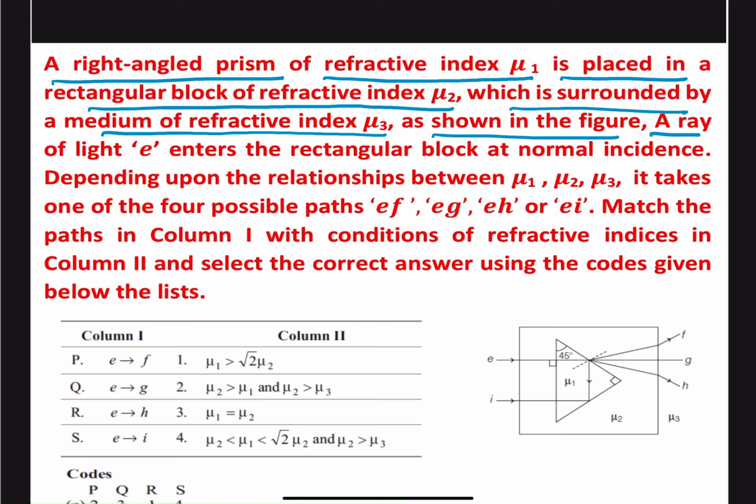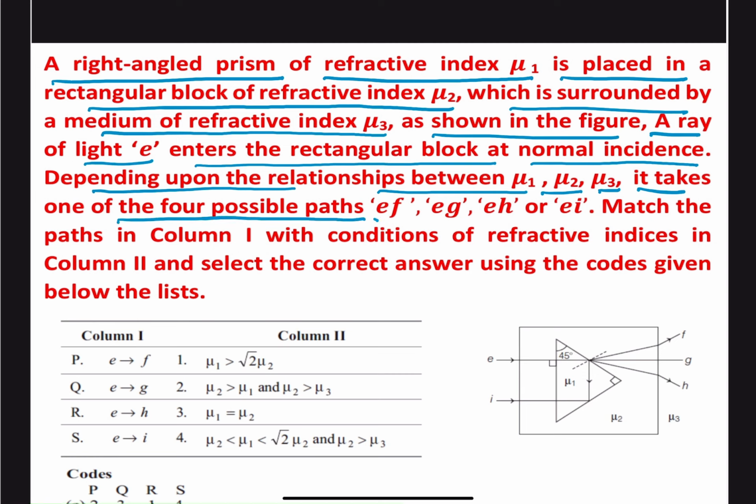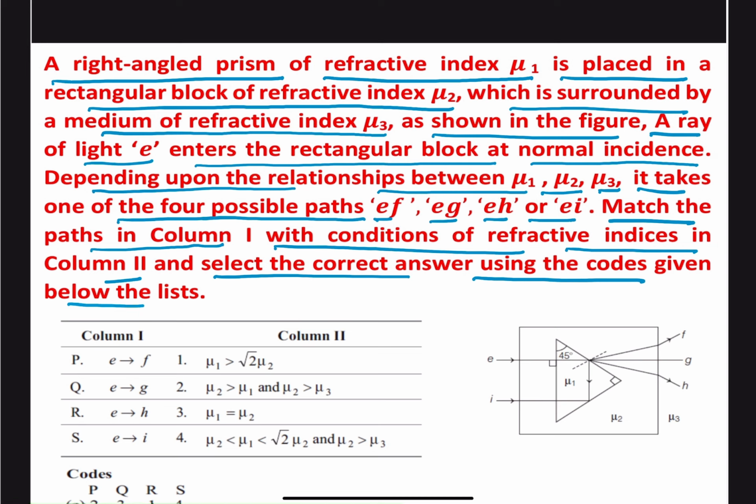A ray of light E enters the rectangular block at normal incidence. Depending upon the relationship between mu1, mu2 and mu3, it takes one of the four possible paths EF, EG, EH or EI. Match the paths in column 1 with the condition of refractive indexes in column 2 and select the correct answer using the codes given below in the list.